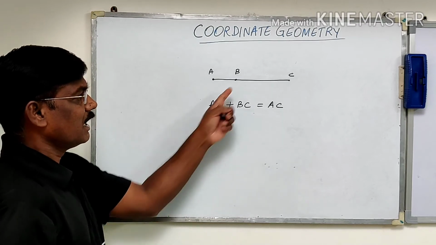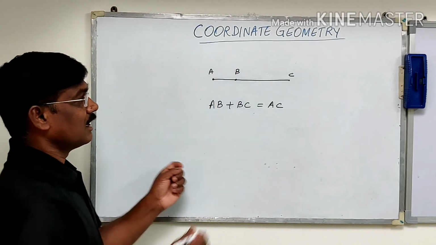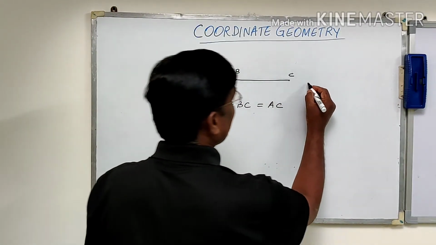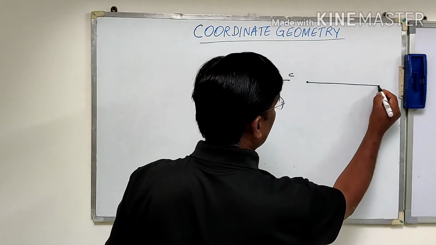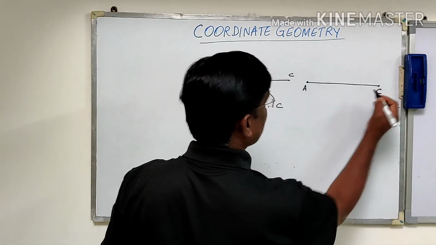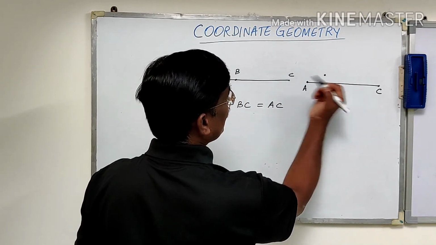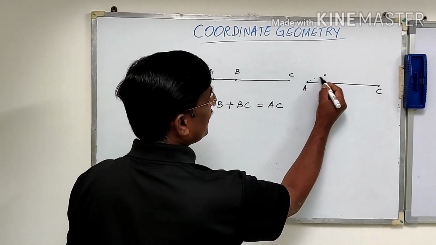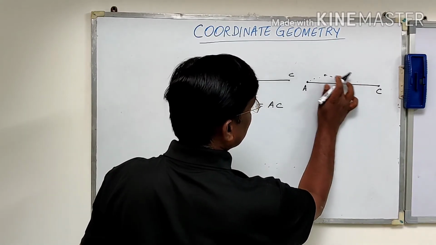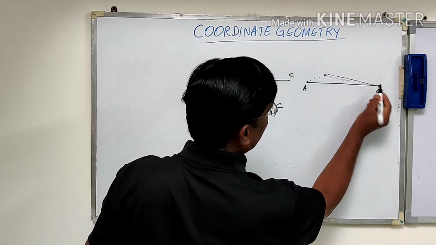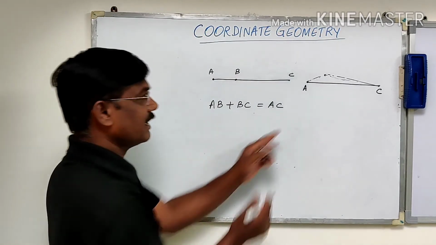If it does not lie on this line, let us say B is somewhere a little above. It is not on the straight line; it is just above.